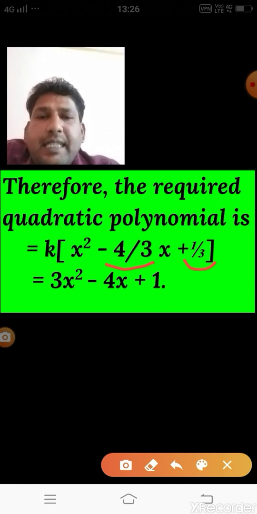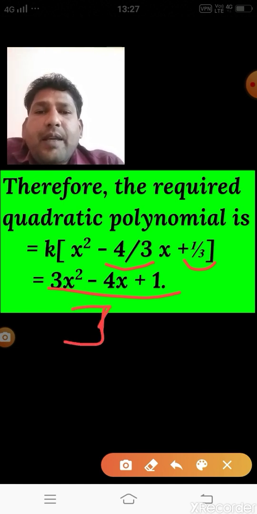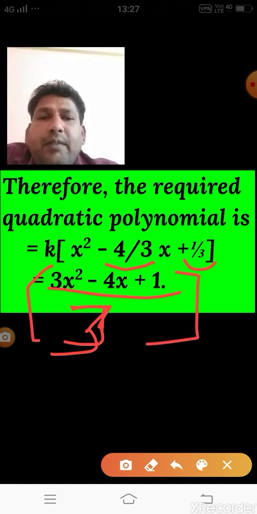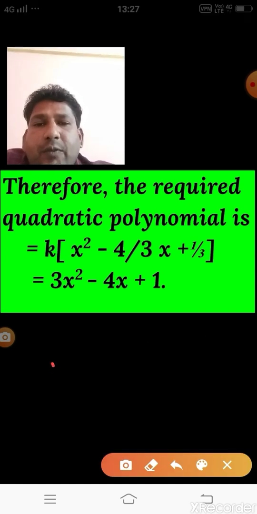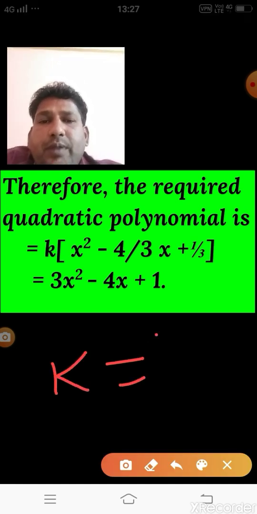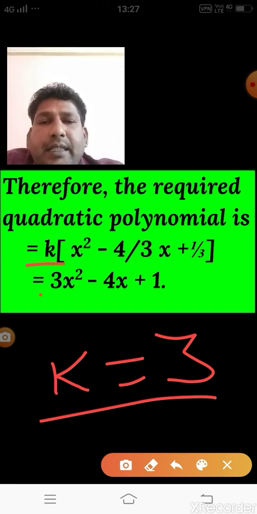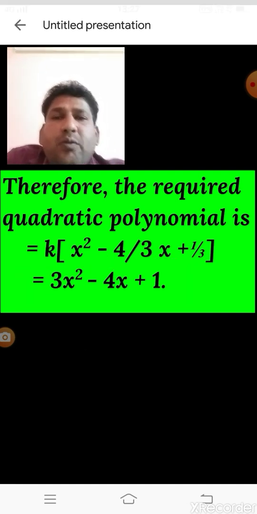And if you are taking the LCM here, then we are getting 3x square minus 4x plus 1 upon 3, and if you are taking the value of k as 3, then 3 gets cancelled out and we are getting the required polynomial. After taking the LCM, take the value of k as 3, then you are getting the required quadratic polynomial as 3x square minus 4x plus 1.